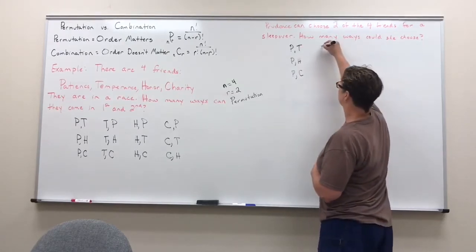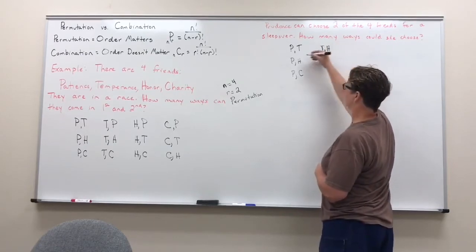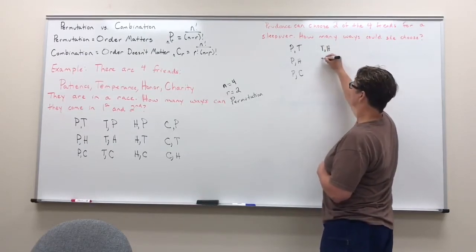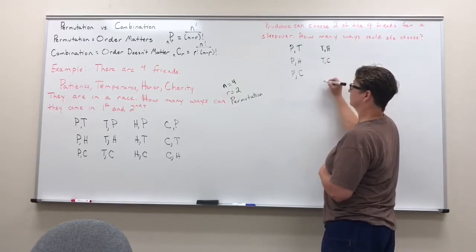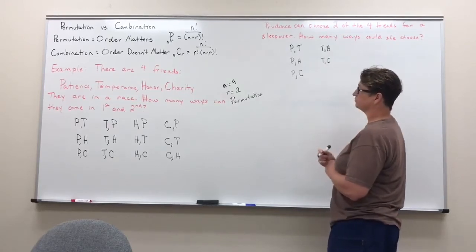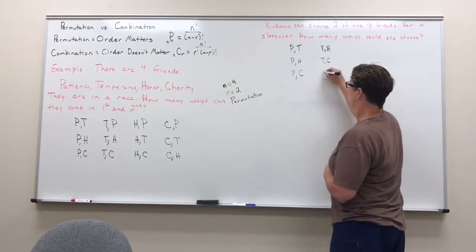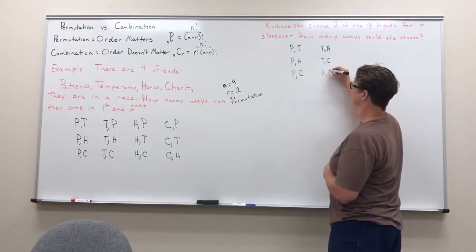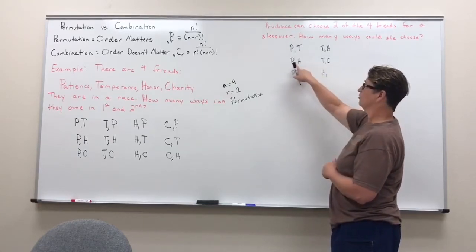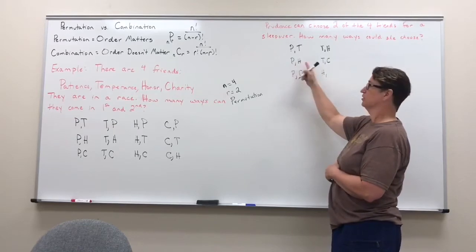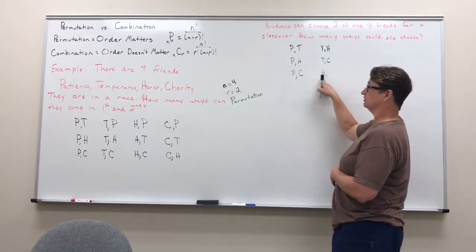But she could have temperance and honor. We don't have that in the group. She could have temperance and charity. We don't have that one yet. She could have honor and patience. Oh, wait a minute. We already have honor and patience here coming over. She could have honor and temperance. Oh, wait a minute.